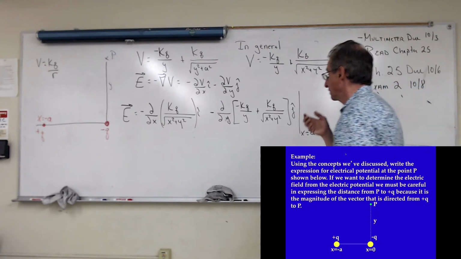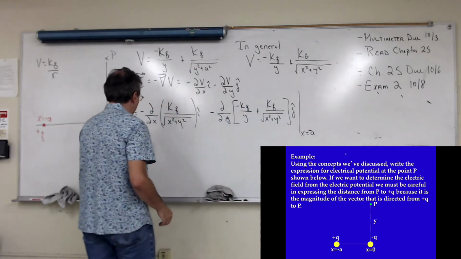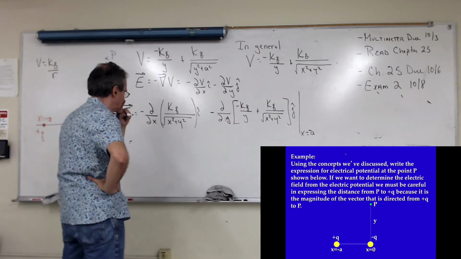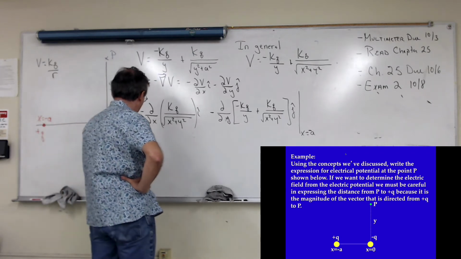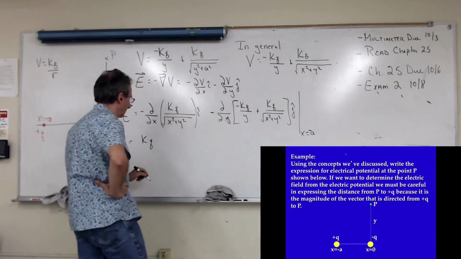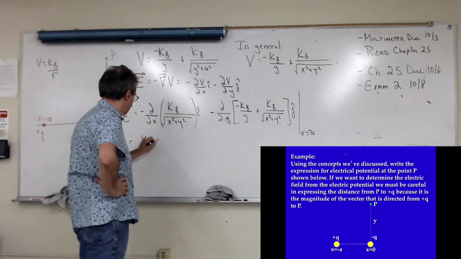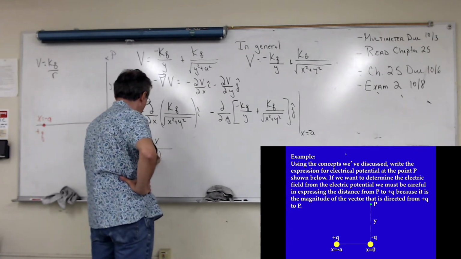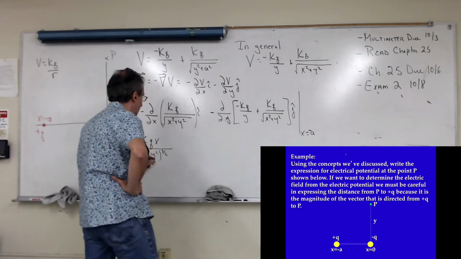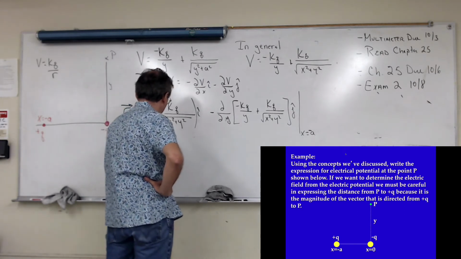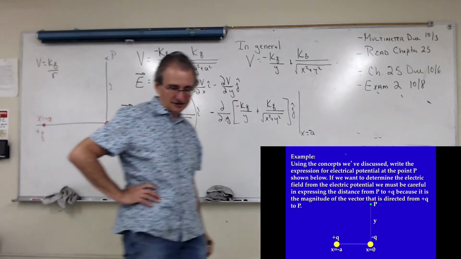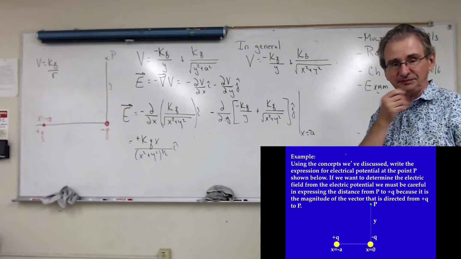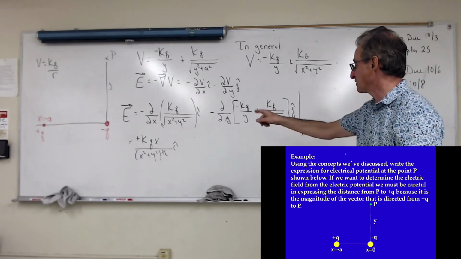Okay, so let's take derivatives. If I take the derivative of this with respect to x, what am I going to get? kQ, does that look okay? Check my math. I take the derivative minus the derivative with respect to x.